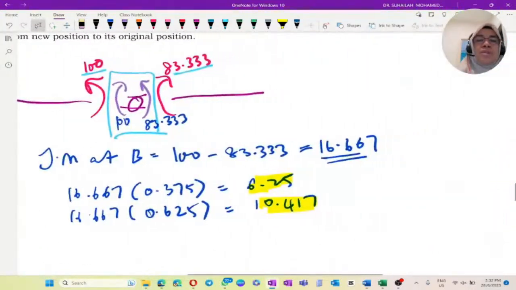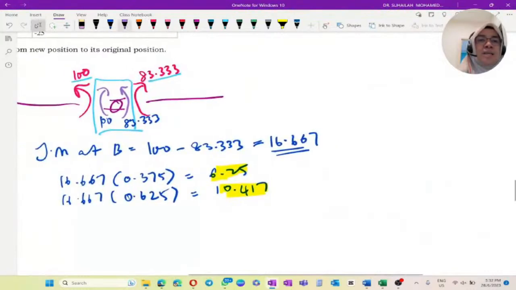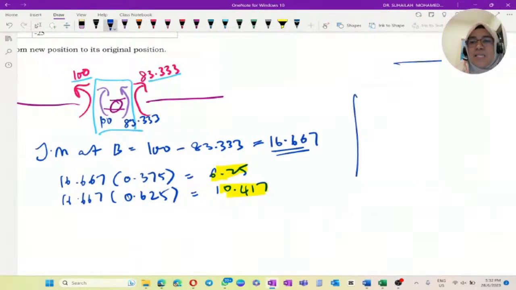Even though this is a beam, the process is actually the same. For the frame we have it like this. This is rigid joint B. The moment 83.333 is this one, and 100 is this one.